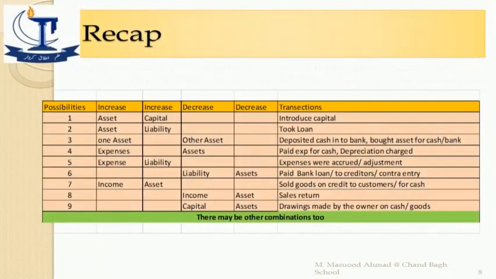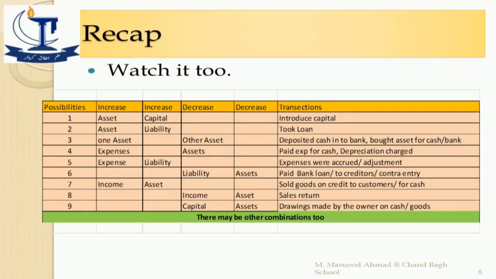So that was all. I have already shown this slide to you. Okay, that is the detailed discussion we made earlier. You can have a look at it for a few seconds, then I will move to the next slide. So the possibilities are there: 1, 2, 3, 4, 5, 6, 7, 8, 9, and there are so many others.